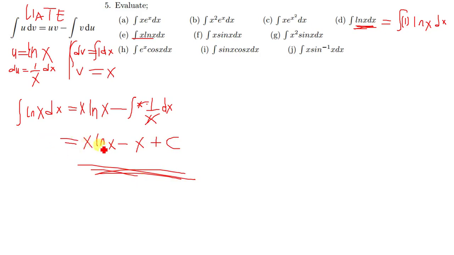So again, I'm going to keep this to solve this question here. I'm going to keep x ln x minus x plus c. I'll keep this solution here.